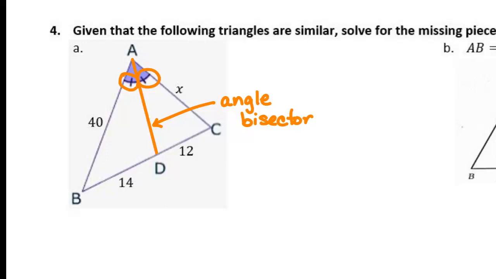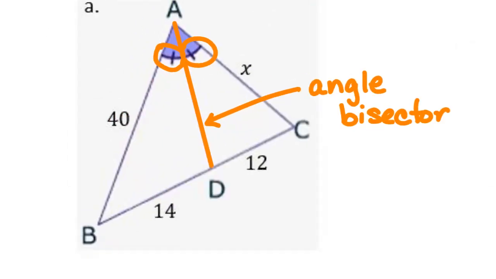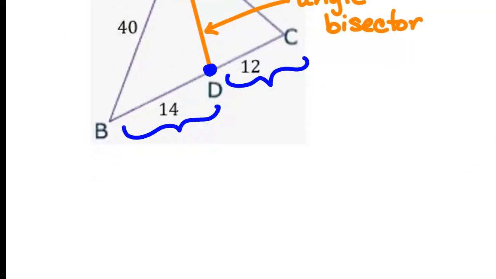How many angle bisectors do we have in this picture? Just the one. When I have a triangle and I just have one angle bisector, I'm looking for a split side. I'm going to look for where the angle bisector hits the opposite side. So that's right here at D. And the 2 sides of that, so the 12 and the 14, those are proportional to their adjacent sides.